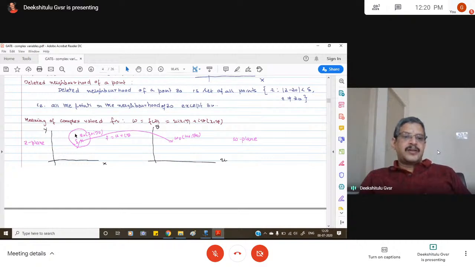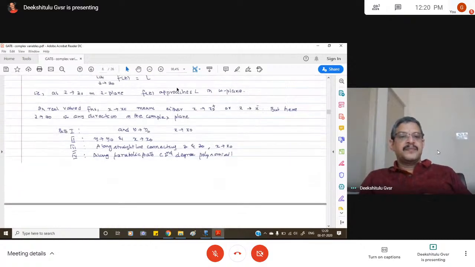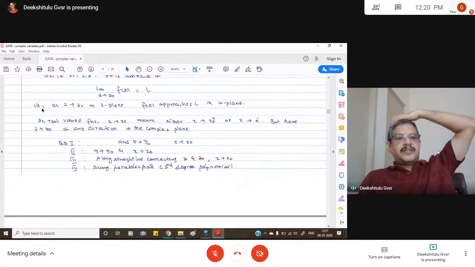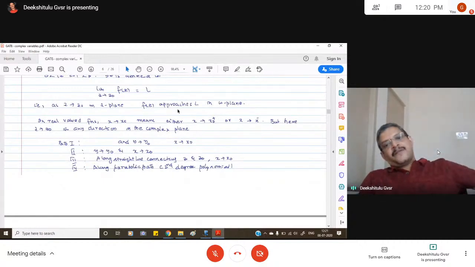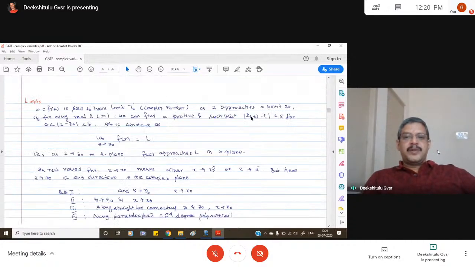As z goes very close to z0, f(z) goes to L. That's what we mean by this. As z approaches z0 in the z plane, f(z) approaches L in the w plane, because f(z) is in the w plane and this is in the z plane.